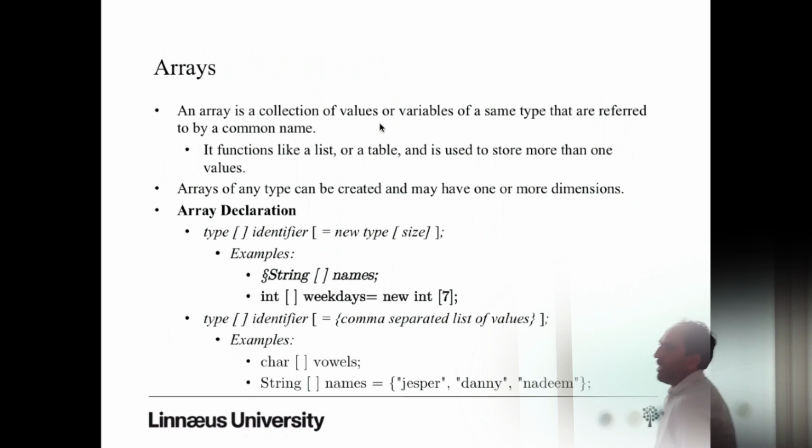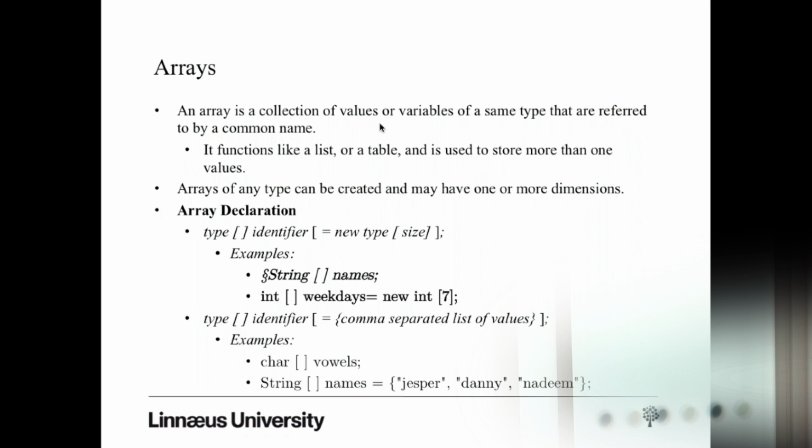Then an important concept, I think the more important thing to learn from today's lecture, is arrays. We have seen the basic variables, data types. Arrays are a form of data structure that allows you to store multiple values of the same type.